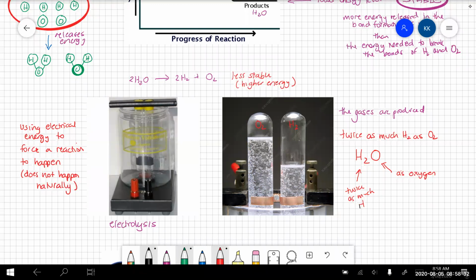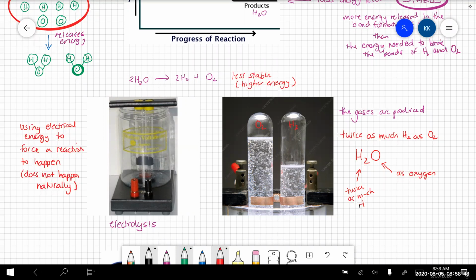So that's what you're actually doing in a decomposition reaction, is you're using energy to force the reactants, which are at low energy, to go up to high energy. But of course, you've got to put some energy in for that to occur.